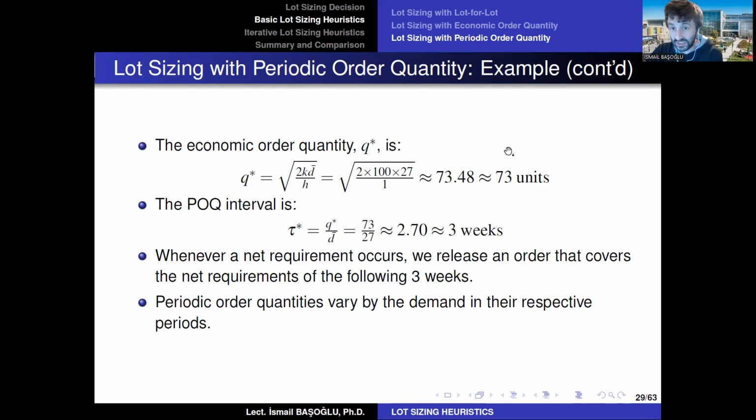Now, you may not approximate this, but it is not going to make a big difference. In the next formulation, without rounding the 73 units, you can directly use 73.48 to get a more accurate result. But for this problem, it is not going to make any big difference, and for general problems, it is not going to make a big difference either.